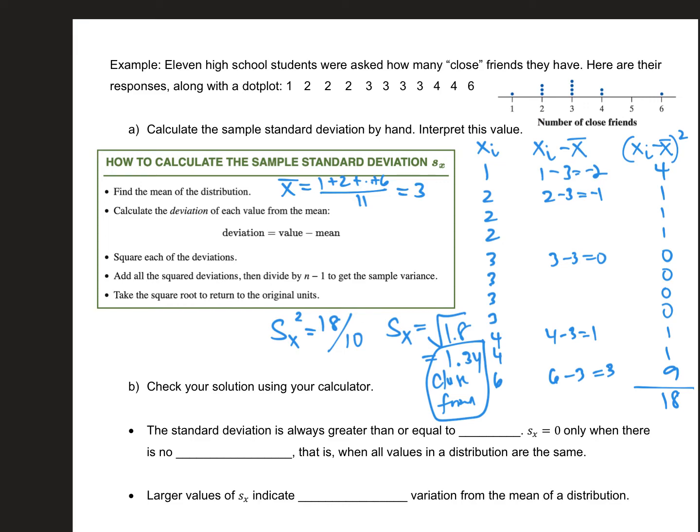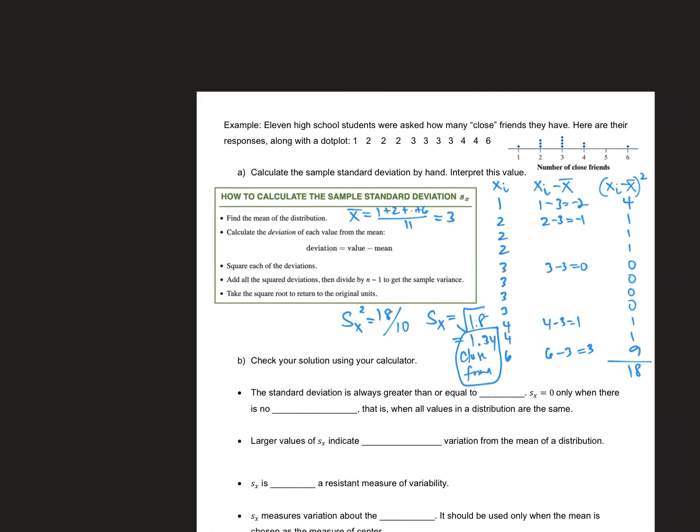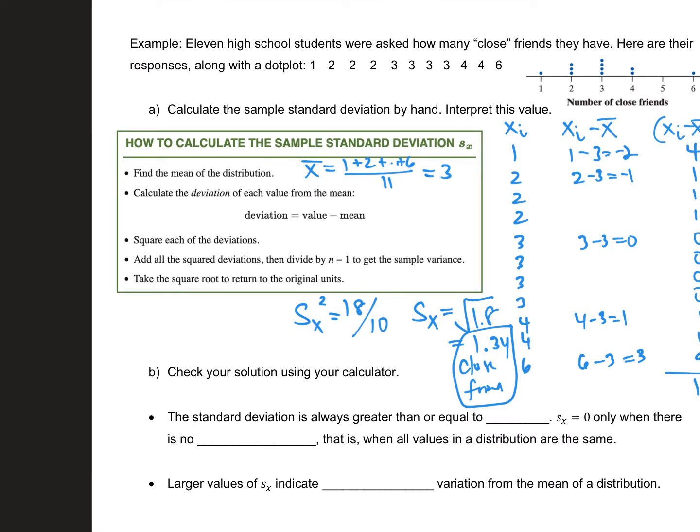And then, does it ask to interpret it here? We probably should. If we're going to interpret it, we go to the interpretation on the other page. There it is. We need the context, so the number of close friends, let's write it over here.